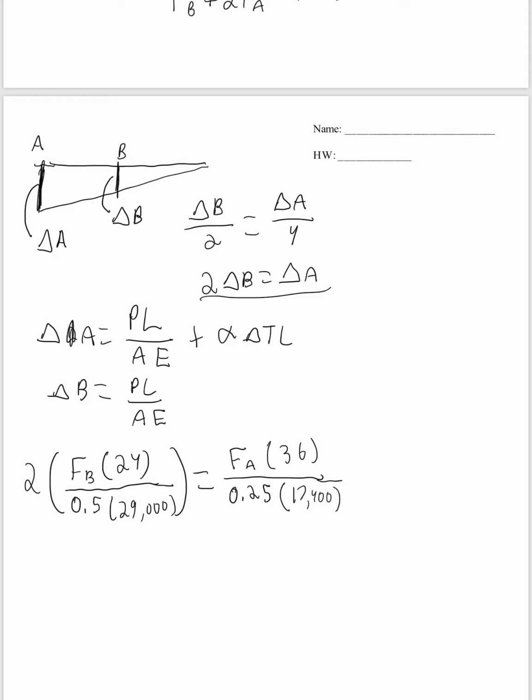And then it's also elongating due to thermal load, so plus our given alpha, 5.2 times 10 to the negative 6, our delta T is 100, and our length is 36 inches.